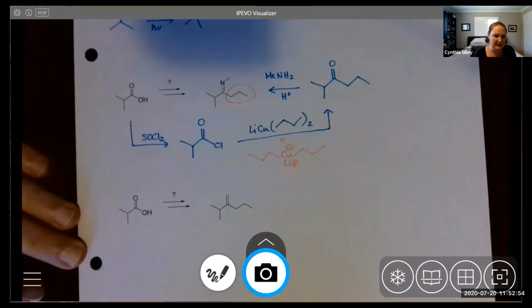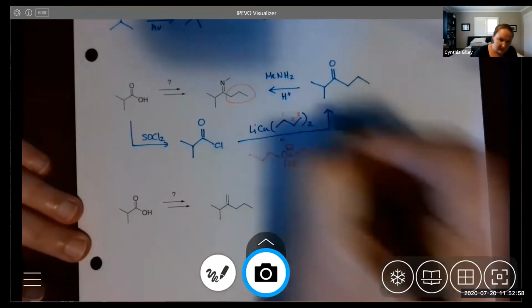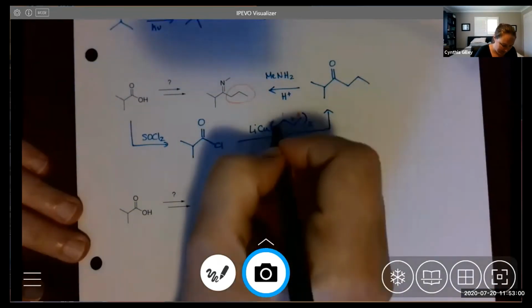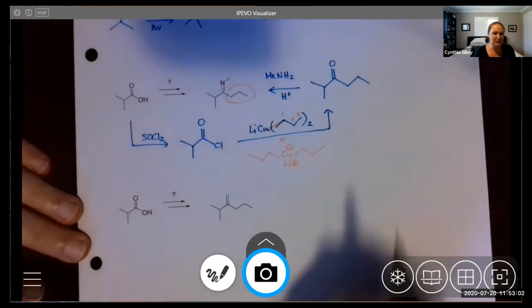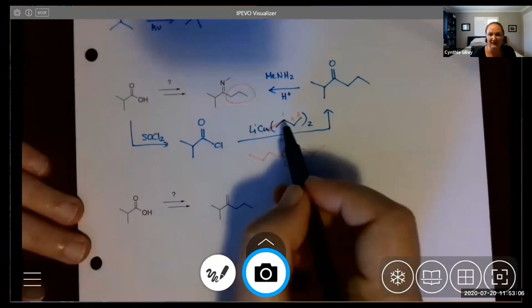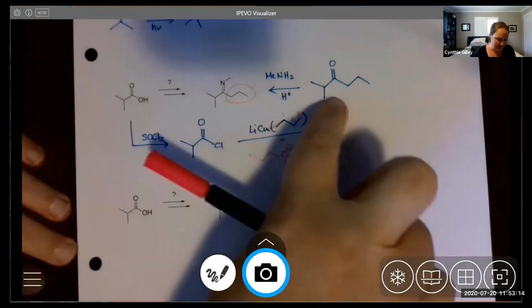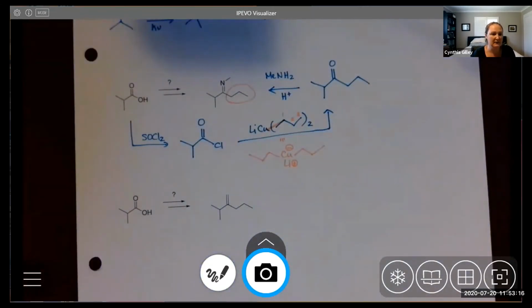When you see something like this, this means 1, 2, 3 carbons, and this bond is bonded to the copper, which is a little bit weird because it looks like 4 carbons. But it's just because of the way it's drawn. Anyway, the Gilman reagent will produce the ketone, and then you can add in the primary amine.